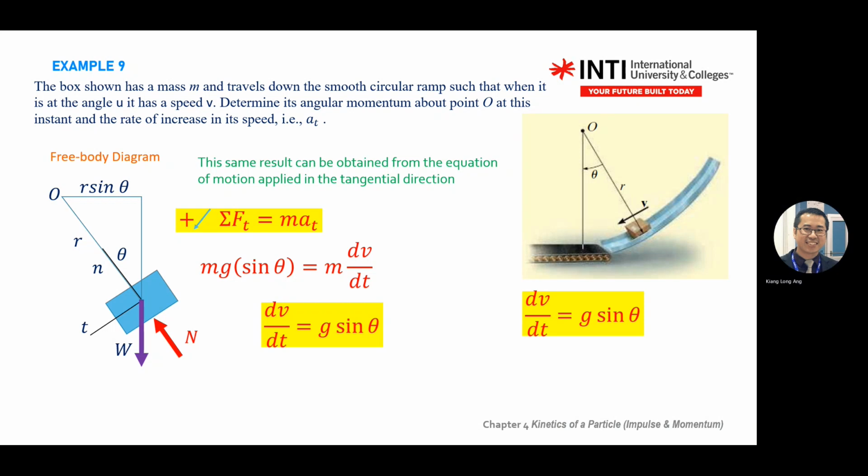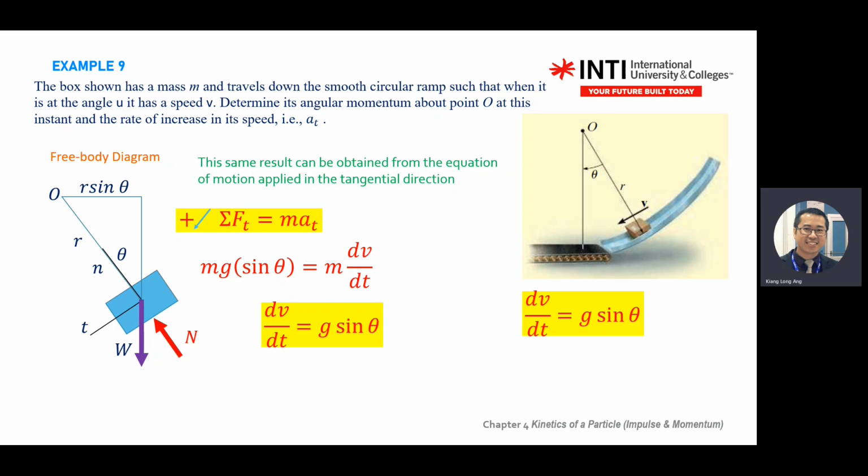Chapter 4. What is the principle that you learn? Principle of impulse and momentum. Again, what does the principle of impulse and momentum mention? Change of impulse will equal the change of momentum.